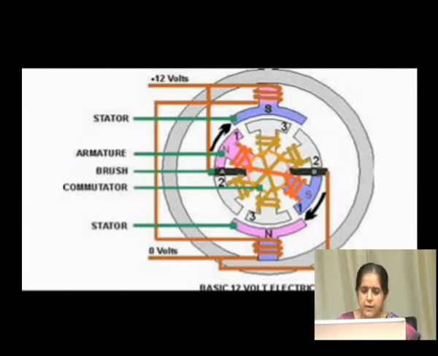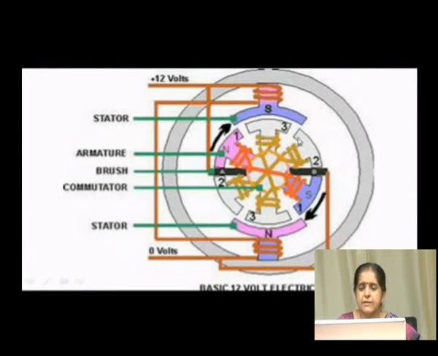Now I think you have become familiar with the different parts of the DC generator. So constructionally, the motor as well as the generator are one and the same. That is, both the generator and the DC motor have the same parts.